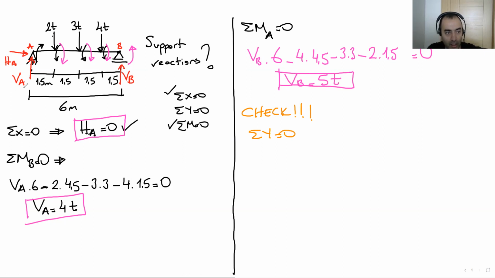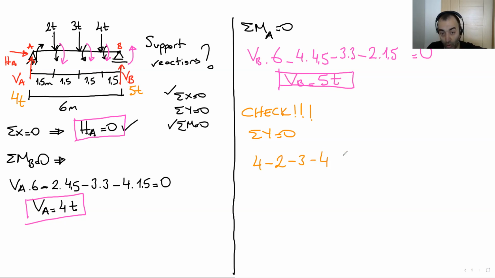Now we know vertical A is 4 ton. Vertical B is now 5 ton, according to our calculation. Let's check if it's correct or not. Total Y is 0. Vertical A goes up in positive direction, 4. Then we have 2 tons in negative direction, 3 ton negative direction, and 4 ton negative direction.